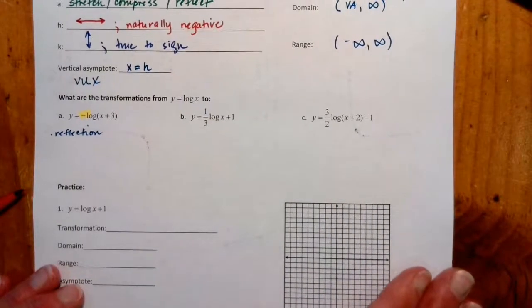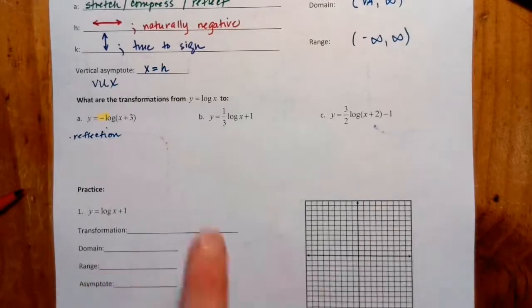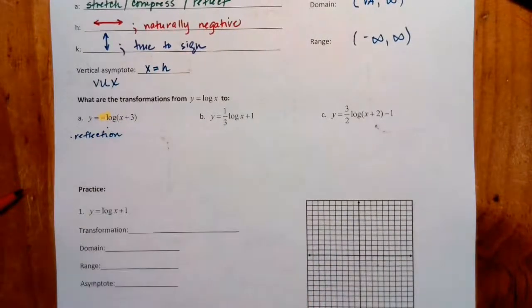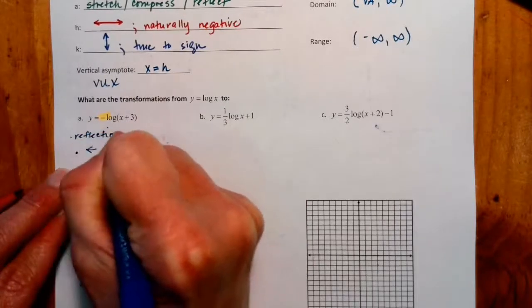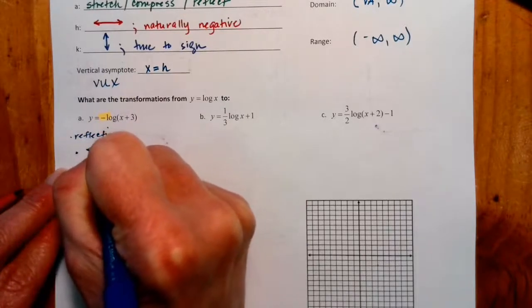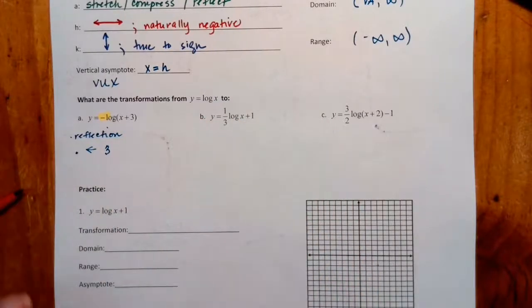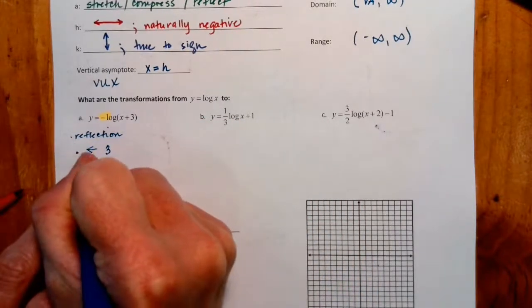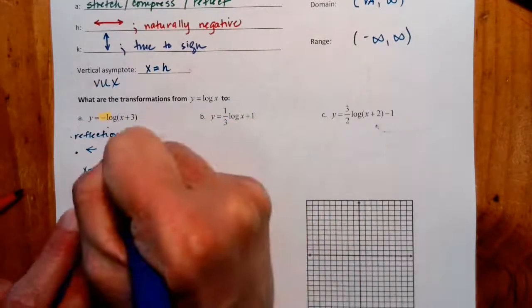All right, next up, I'm going to see that this graph has a +3, which means that this graph moves to the left 3. So my asymptote is going to exist at 3 to the left. That's where my asymptote is.